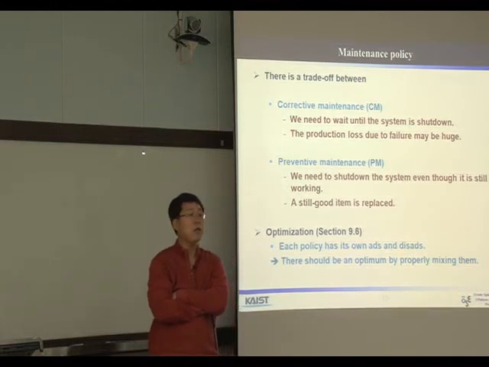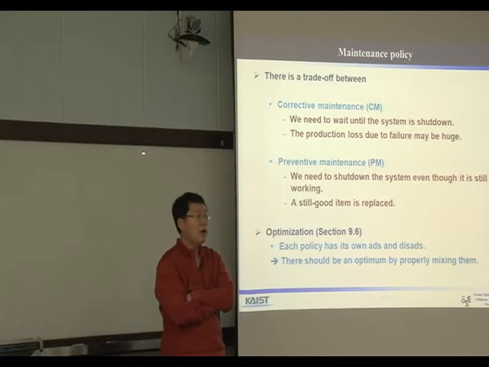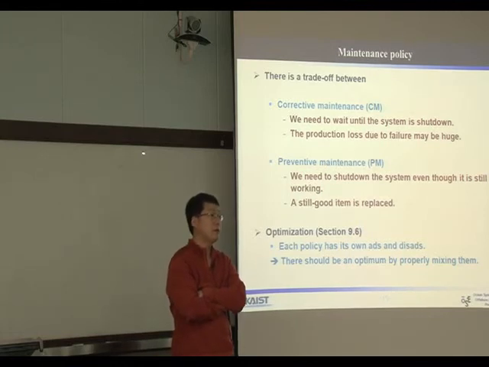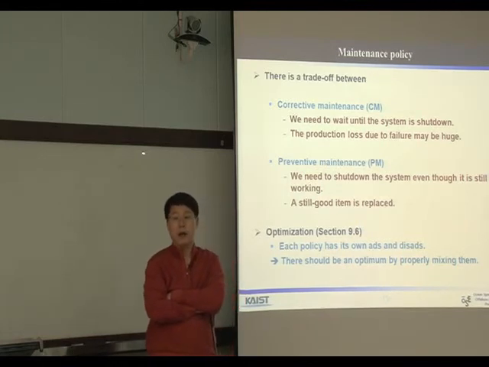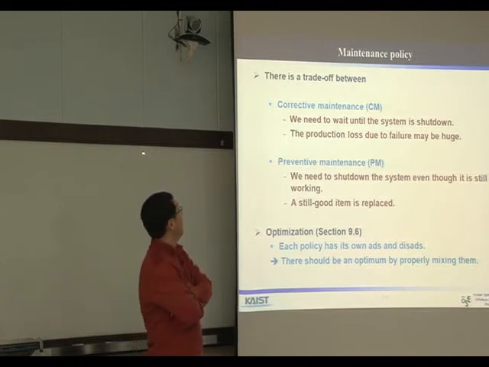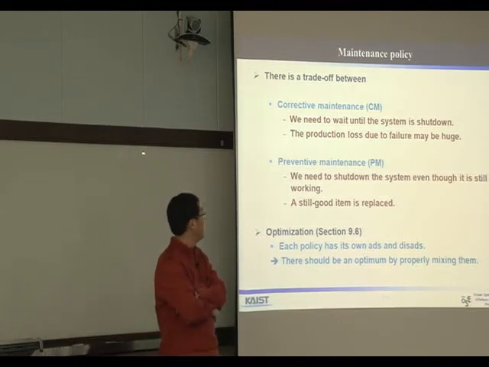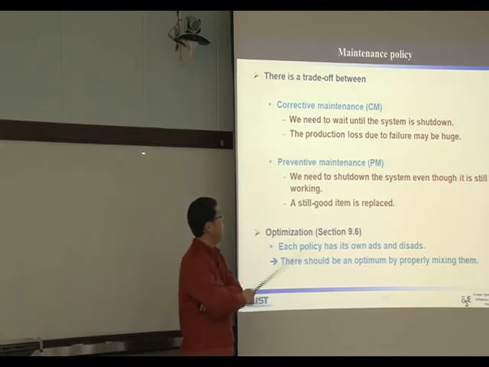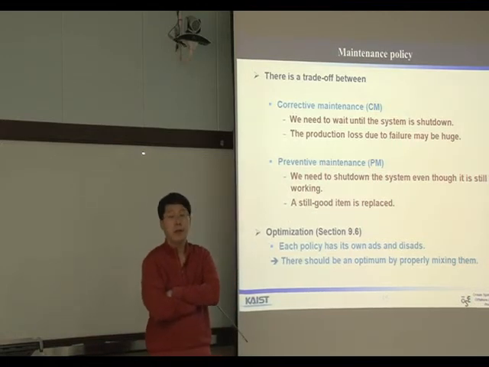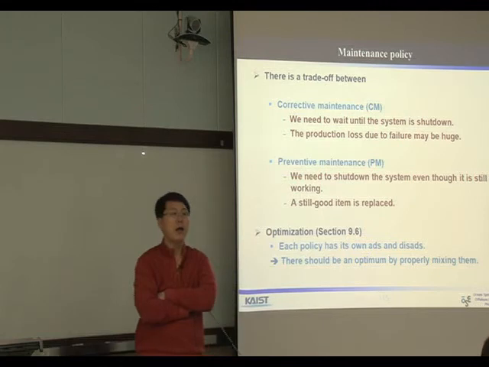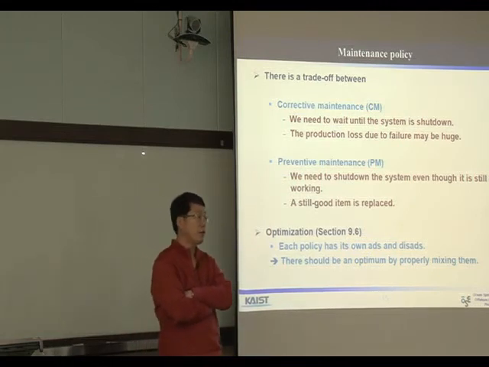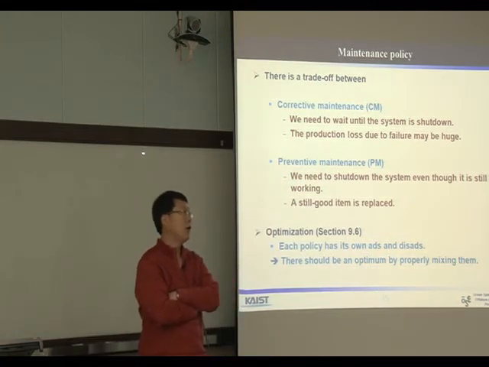Consider the tire of my car. I can have a big accident because of the failure of my tire. Preventive maintenance is good, but a still good item can be replaced. I replace my tires every 50,000 kilometers, but they can still be good.